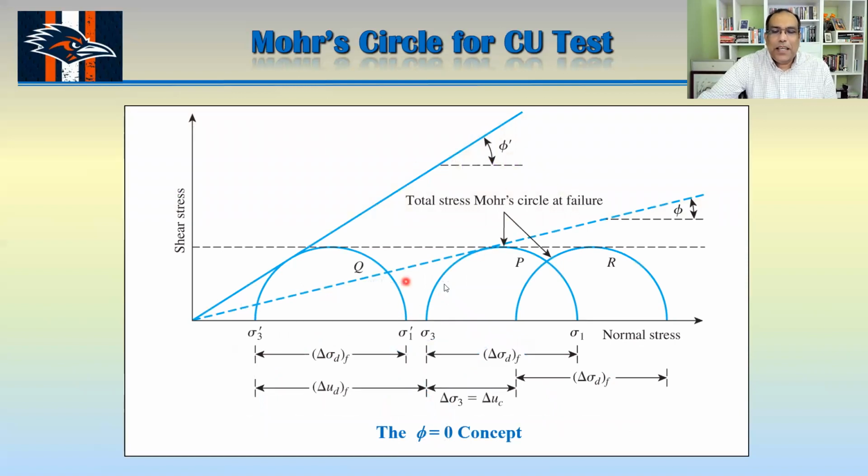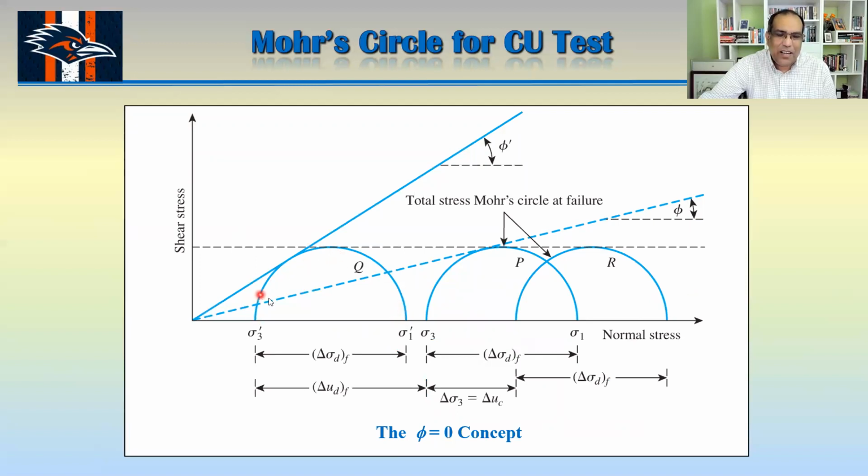Here, if you know the pore water pressure, you can just subtract it. So this is in terms of total stress, and this one is your effective stress. For both cases, you subtract the pore water pressure. Instead of 4, 5, 6 different circles, if you take the pore water pressure out, you will just get one curve like that.